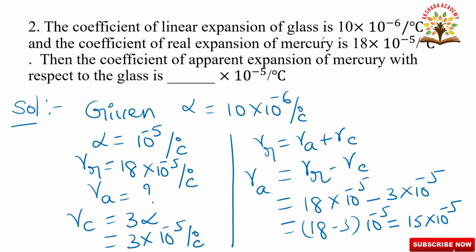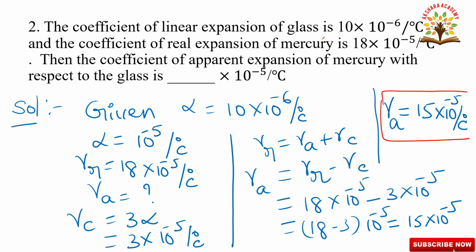So finally we are getting coefficient of apparent expansion of mercury with respect to glass, that is gamma A is equals to 15 into 10 to the power of minus 5 degree centigrade inverse. This is the final answer. Go to the next question.